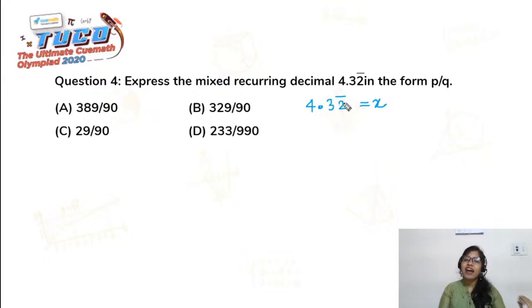You cannot have the terminating number keep on repeating in your expression, otherwise you will never end up getting a fraction. And to do so, what am I going to do? Let me show you something. Now, if I multiply 10 on both sides, that is 10 times 4.32 bar is equal to 10x, what am I going to get? I am going to get 4.32.